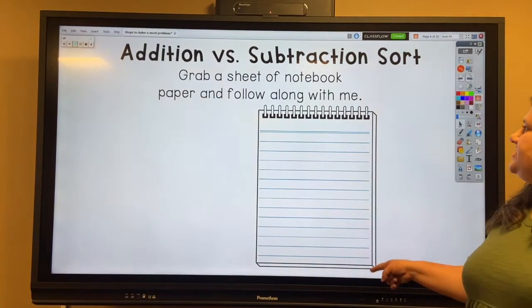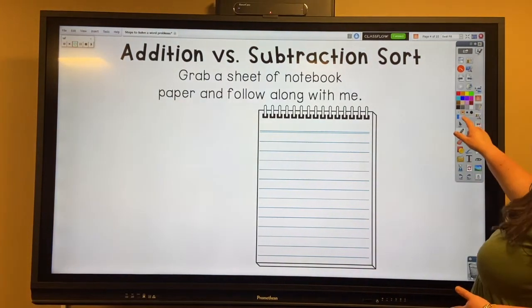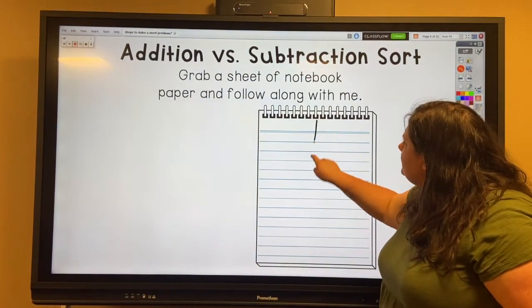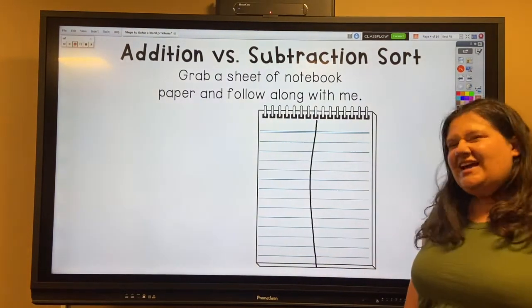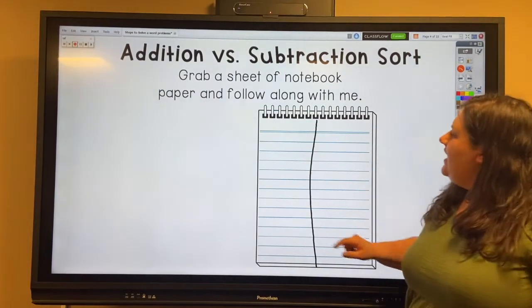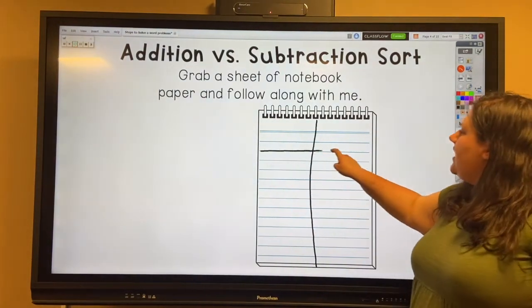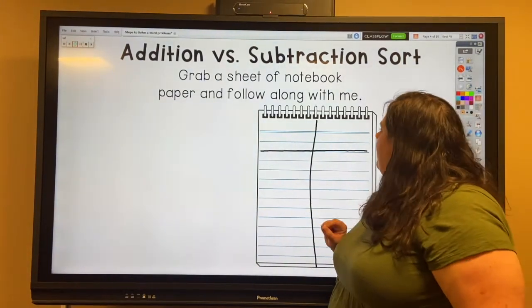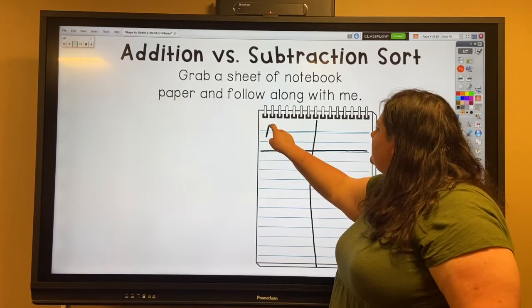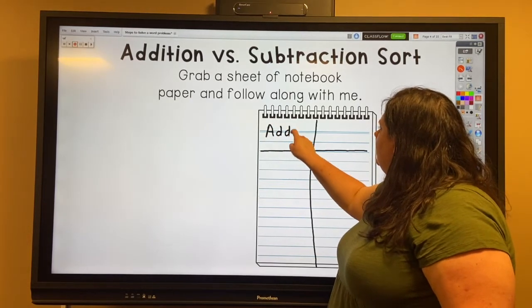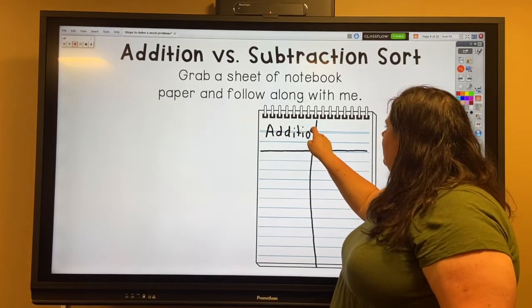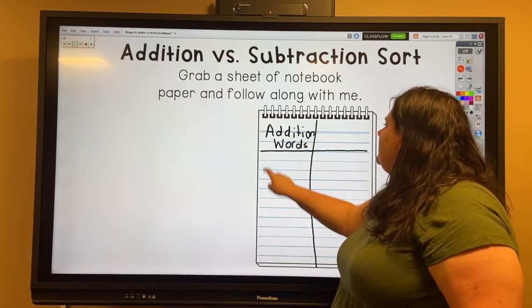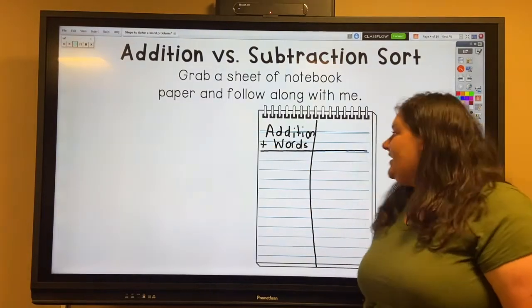So right now, I want you to take out your sheet of notebook paper, and we're going to draw a T-chart. First, we're going to draw a line down the middle, and it doesn't have to be straight, doesn't have to be perfect. Then we're going to draw a line along the top. On one side of our chart, we're going to write addition words, and you can even put a plus sign to show you that you're adding.